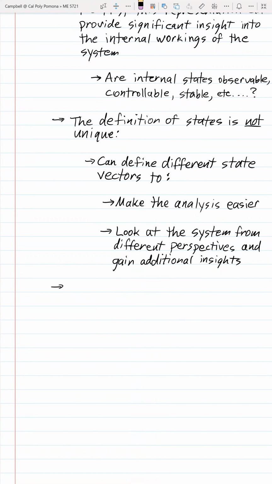Now, of course, states can be physically realizable, but as I said before, they can also be abstract.